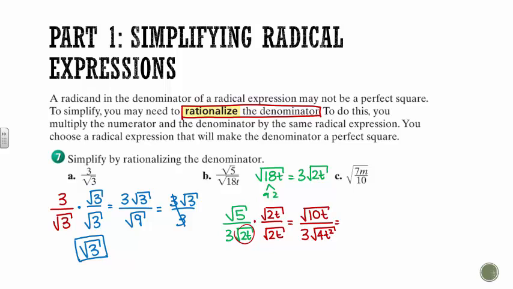Now I know the square root of 4 is 2, and I know the square root of t squared is just t. So when I simplify this, I get this stuff on top divided by 6t. Now be very careful, you cannot divide the 10 and the 6 or the t and the t because on the numerator they're both inside the square root and on the denominator they're both outside. We cannot divide those.